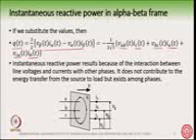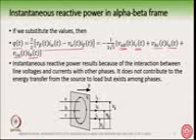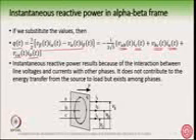It shows that the instantaneous reactive power is basically an interaction of line voltages with the line current of the other phase: VAB times IC, VBC times IA, and VCA times IB.